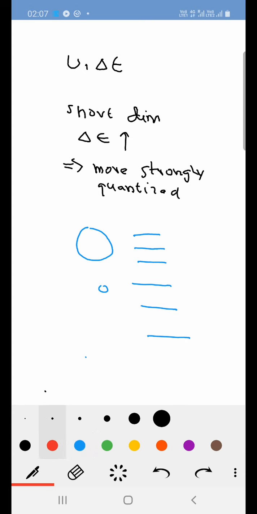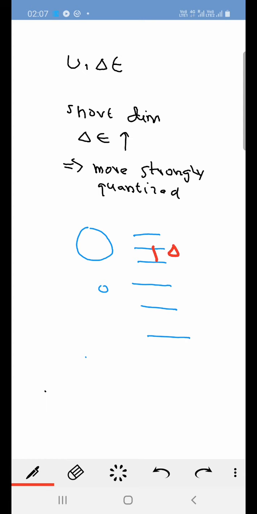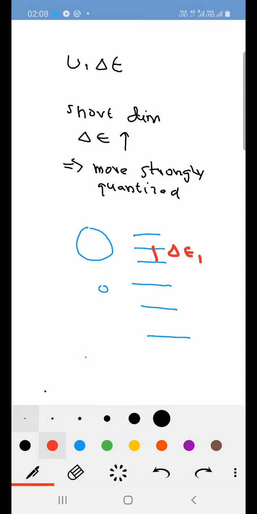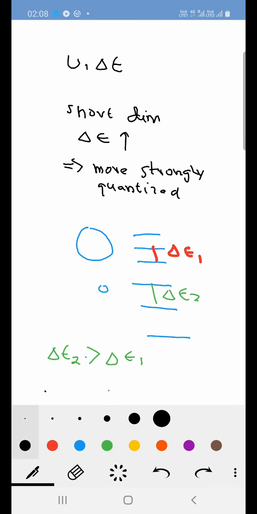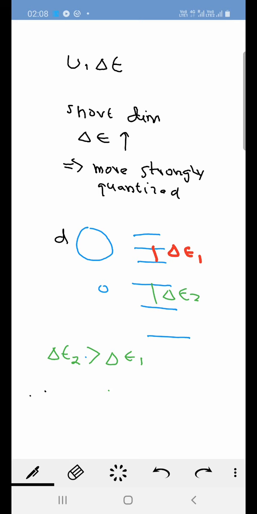So this is delta epsilon 1, and here it is delta epsilon 2. So delta epsilon 2 is always greater than delta epsilon 1, and if we take D1 here and D2 here, D2 is always less than D1.